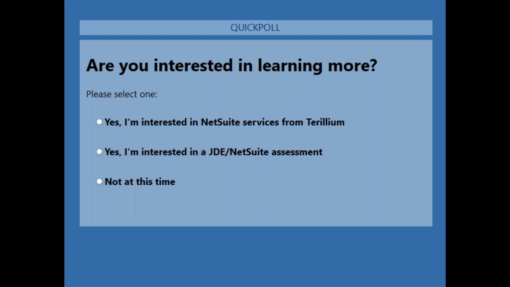Interfacing to other on-site systems is the next question. Can we do that? Yes. So NetSuite is fully interfaceable, just like JD Edwards, and the options really are the same. You have REST APIs. You have SOAP APIs in NetSuite. You have automated batch interfaces.